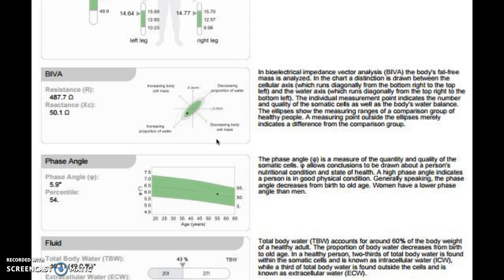So if you can see on this graph, there's a natural kind of gradient. As we get older, that number automatically starts to trend downward just simply because we have less healthy cells in the body. For this client in particular, their phase angle was a 5.9 and they were in the 54th percentile.